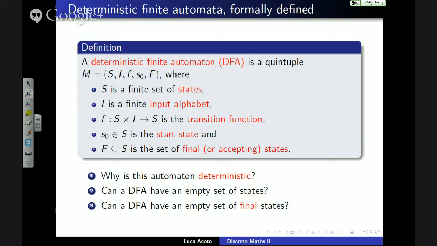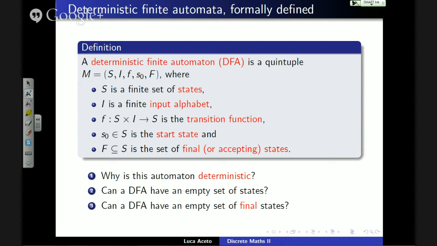It is a tuple. Lots of things are tuples in life and in computer science. It's a tuple that consists of 5 items of information. What is the first item? It's a collection of states of the automaton, the set of states that the automaton can be legally in.